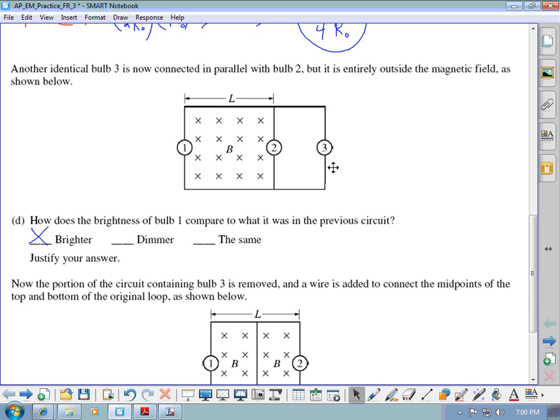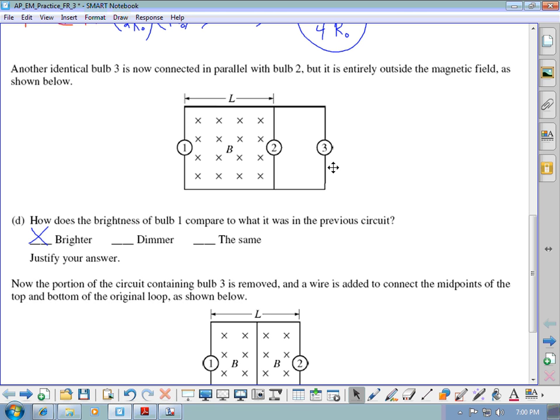Bulb 1 has the full current flowing through it before it splits through 2 and 3. And so if there's more current flowing through bulb 1, it's going to be brighter. Again, you would need to not just say brighter because less resistance. You would really need to explain why that's true.